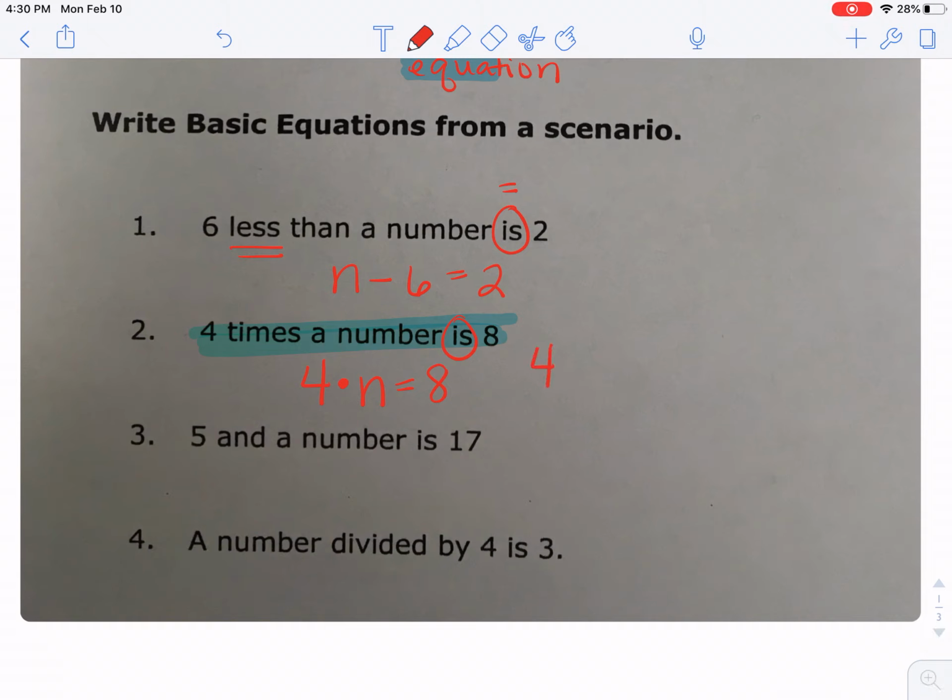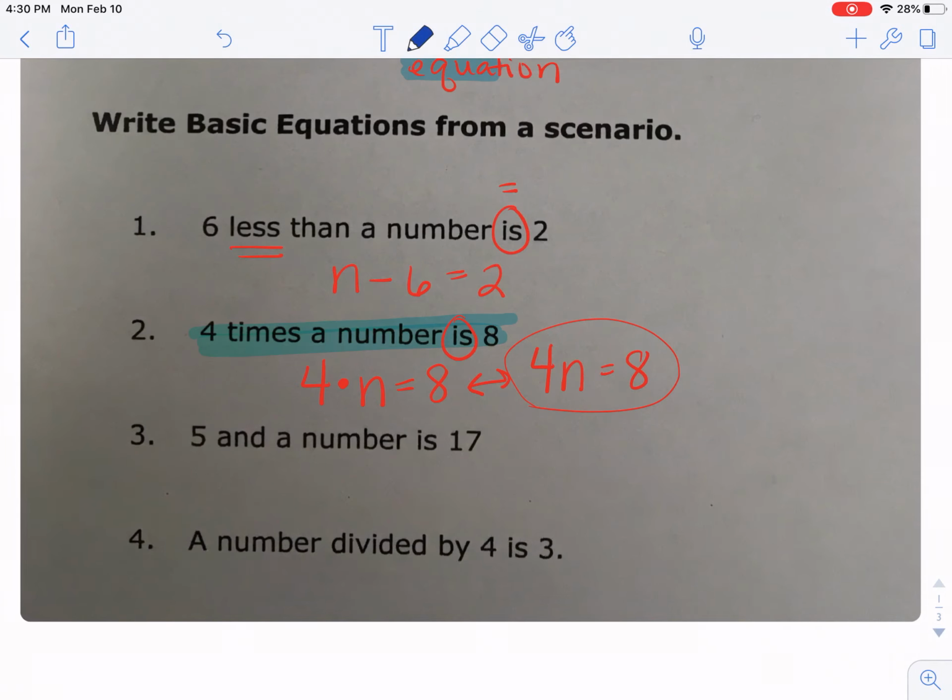This would be 4n equals 8. Because even though the 4 and the n don't have that multiplication sign in between them, whenever a number and a variable are touching, that means multiplication. So 4n equals 8. These are saying the same thing, but this one is just a little bit more fancy.